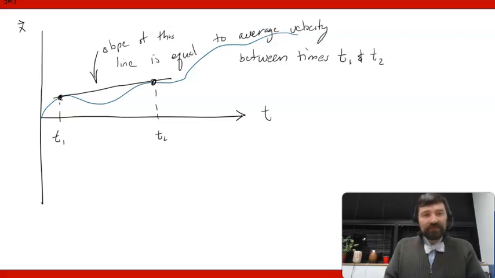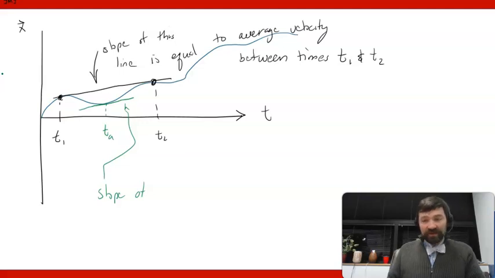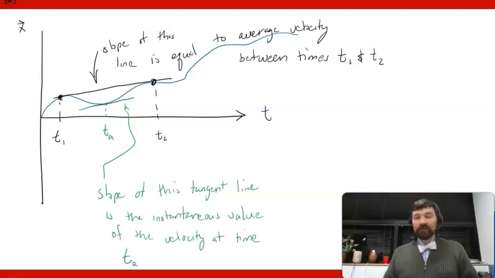Similarly, if I take a line that is tangent to the curve at some point in time, we'll call this time A, then the slope of this line is the instantaneous velocity at that time. Now, how do I get that slope? Basically in a similar way to how I would get this slope.